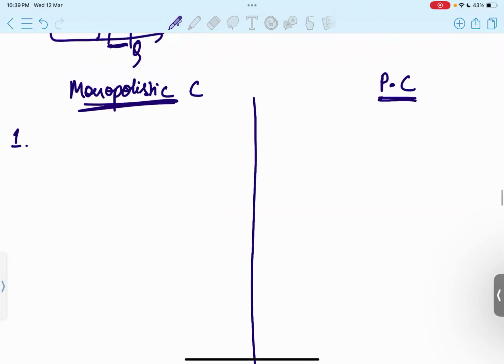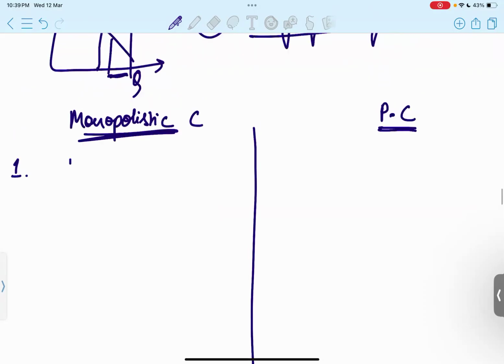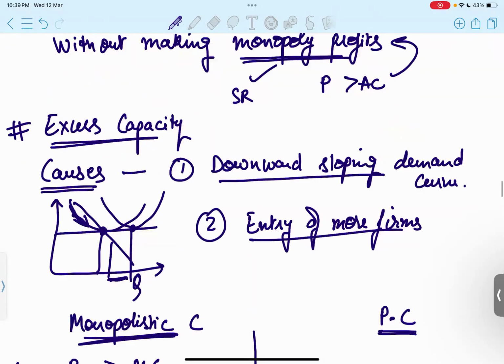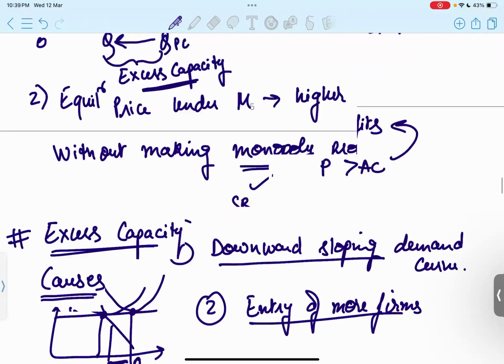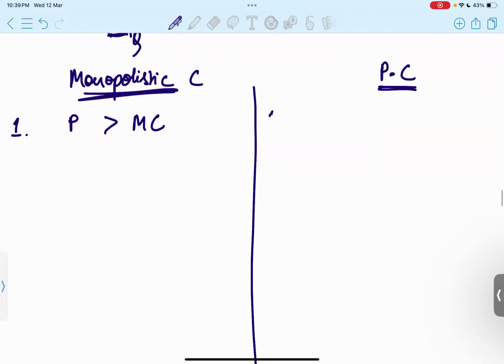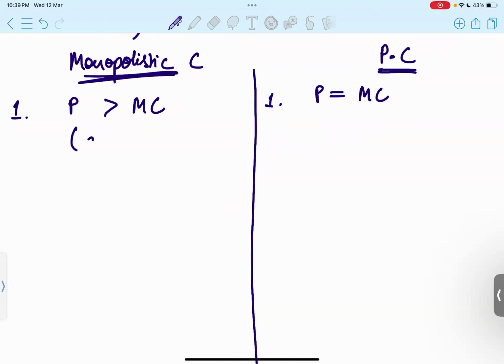Here we see that under monopolistic competition, price is greater than marginal cost. You can see that this is marginal cost point E, and price is at this level OP. So price is greater than marginal cost under monopolistic competition, and under perfect competition, price is equal to marginal cost. That is why we see there is deadweight loss under monopoly.